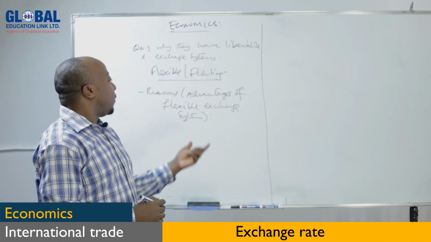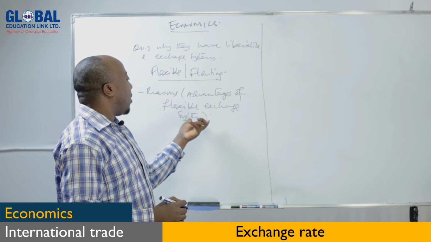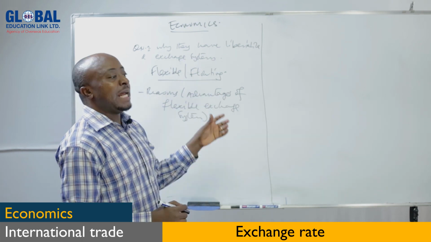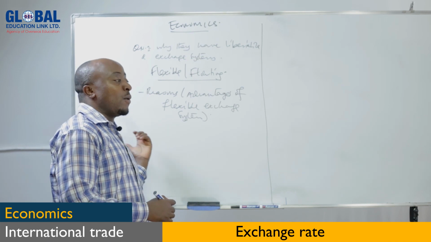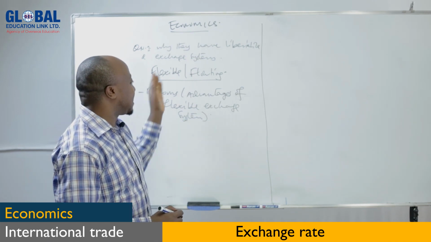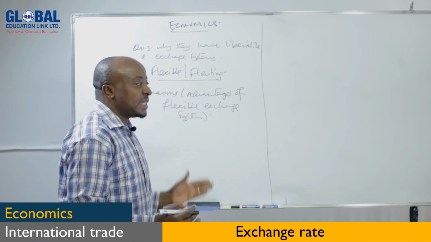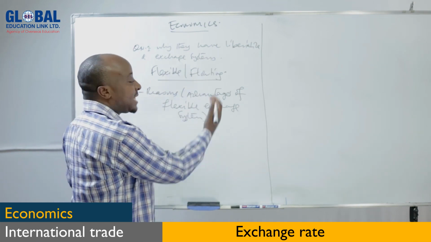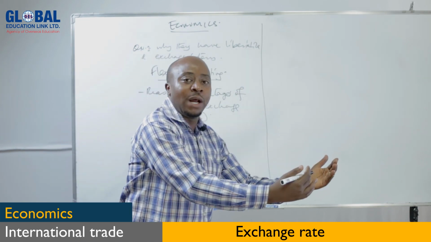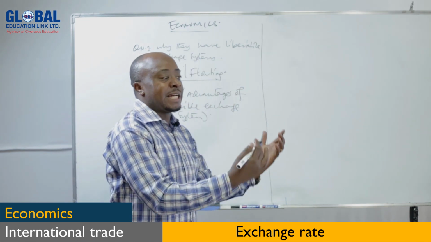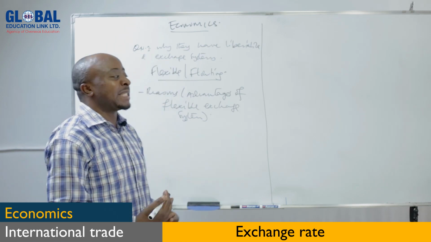So as I said, we use most of the advantages of the flexible exchange rate system, which we discussed some minutes ago. We discussed the flexible exchange rate system, then we discussed the advantages of this system. So you have to use those advantages to show that those are the reasons why most of the countries in the world are using this system of exchange rate, liberalizing the exchange rate system.